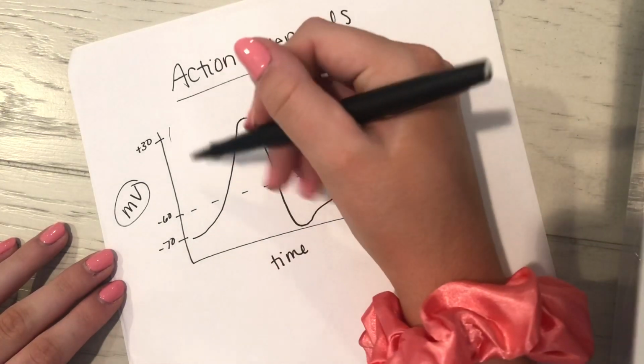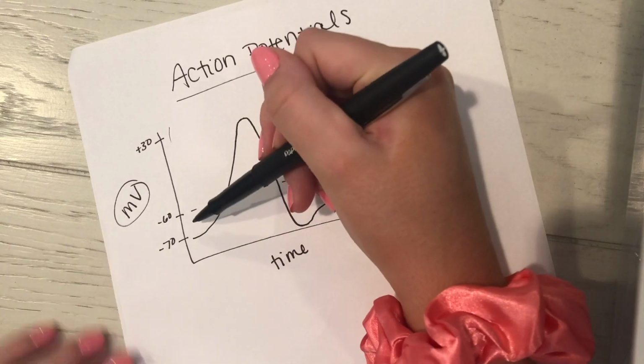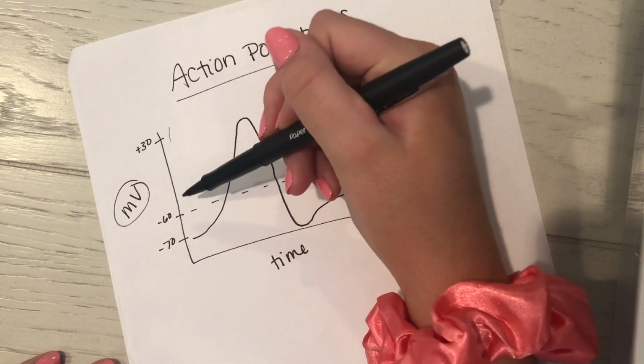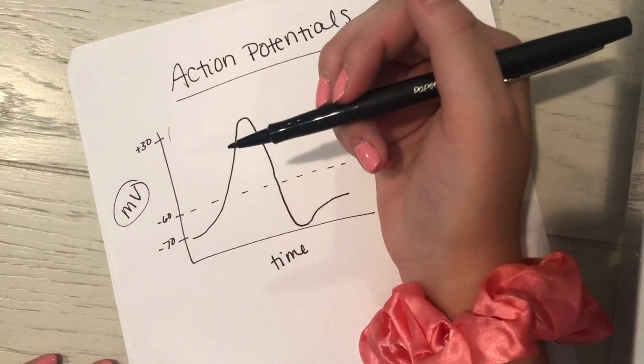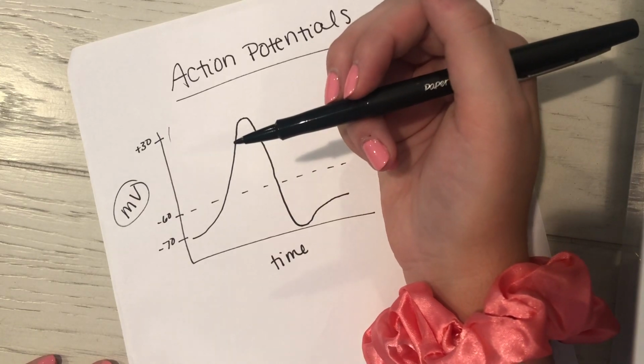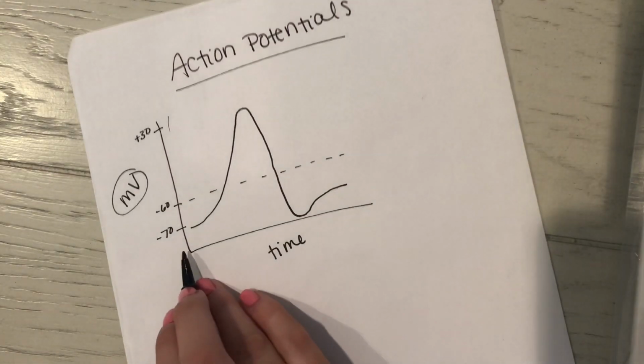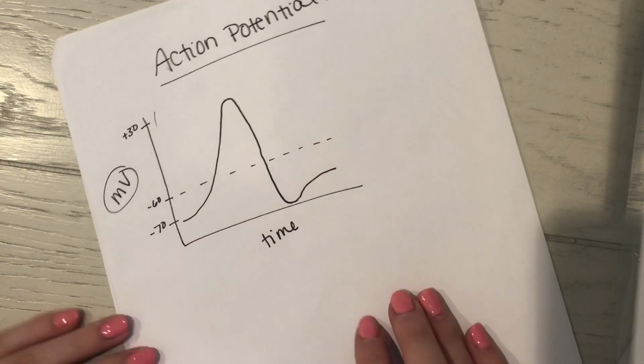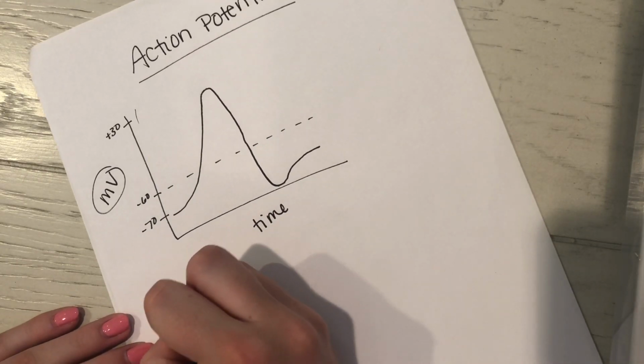So I have a few numbers drawn out right here. I have -70, -60, and +30. All right, so -70 is going to be our resting membrane potential.